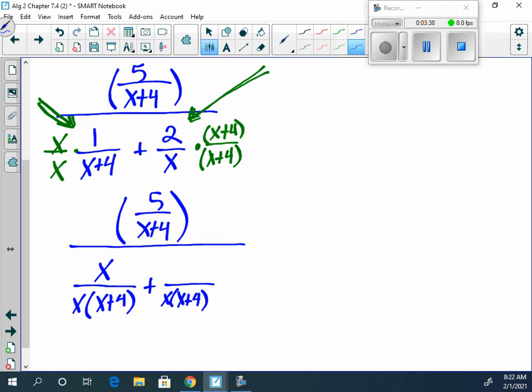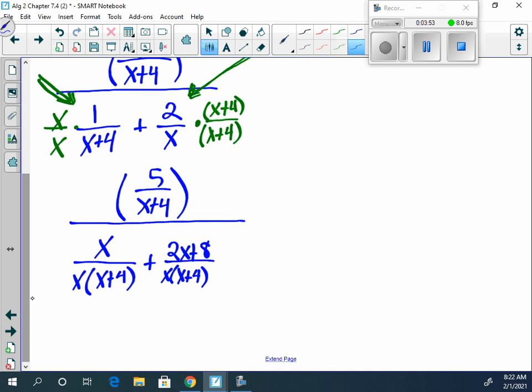Now on top, we're going to distribute the 2 through. 2 times x plus 4: 2 times x gives us 2x, and 2 times 4 gives us 8. Any questions on this so far?